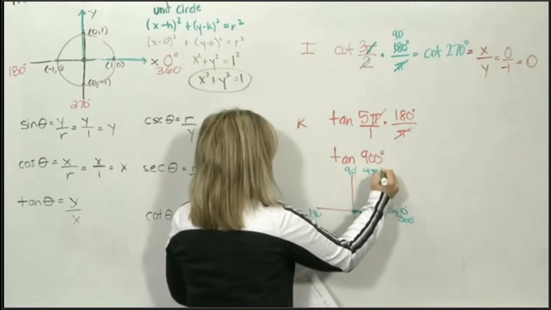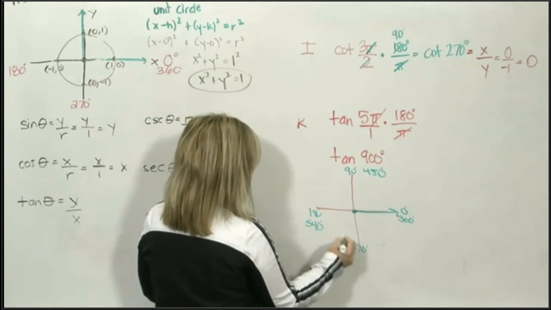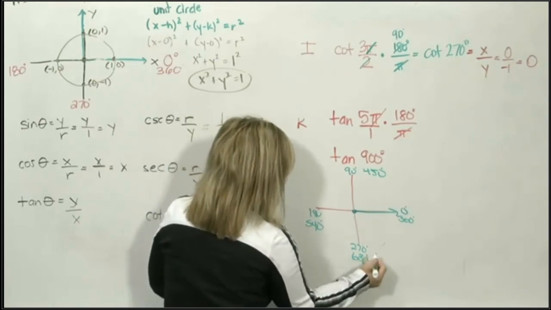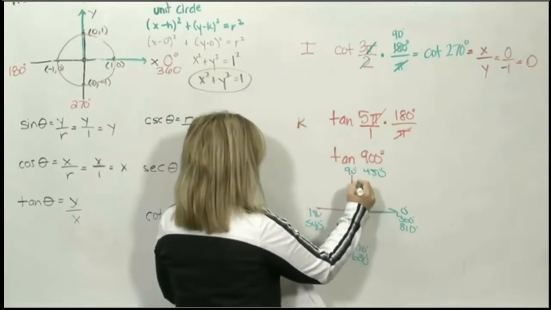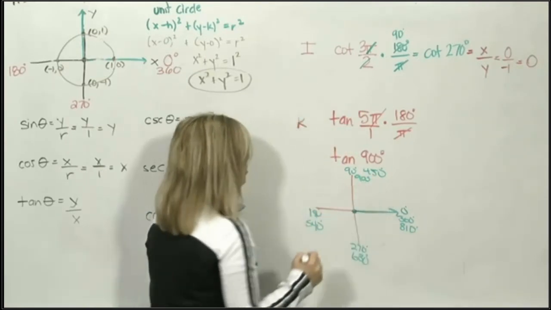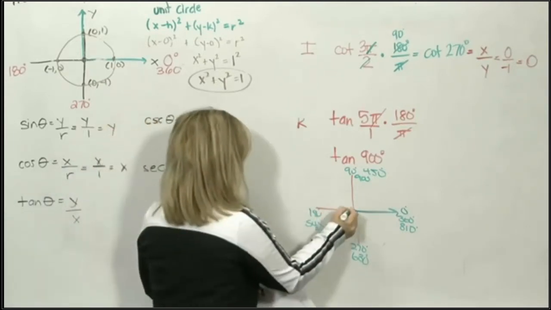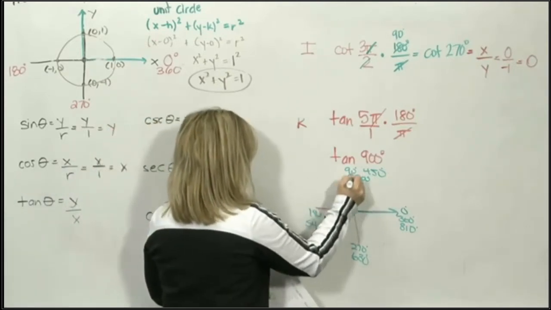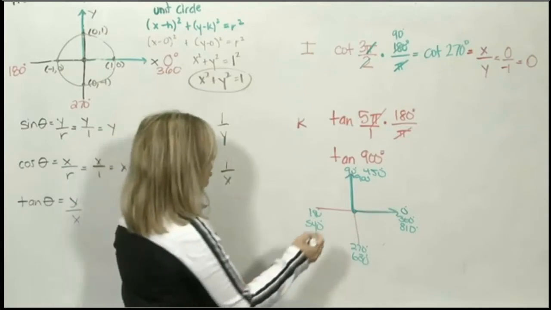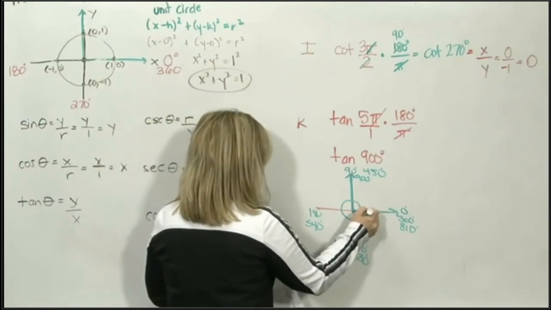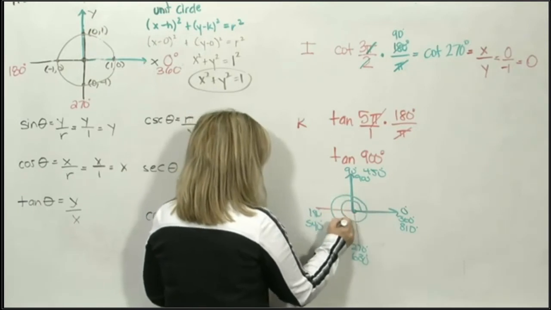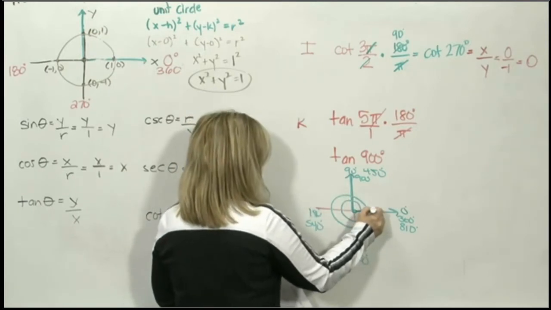This becomes 450, 540, 630. This becomes 810. Add another 90. This becomes 900. So do you all agree the terminal ray would land on the positive y-axis? When I draw that picture, I went around once. That's 360. I went around twice. That's 720.